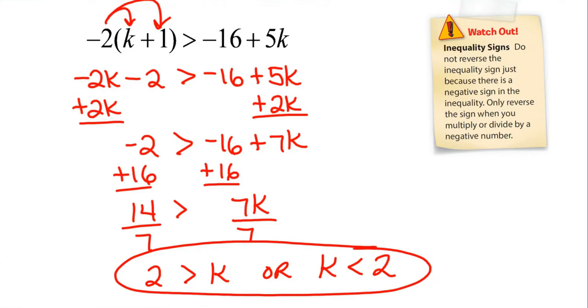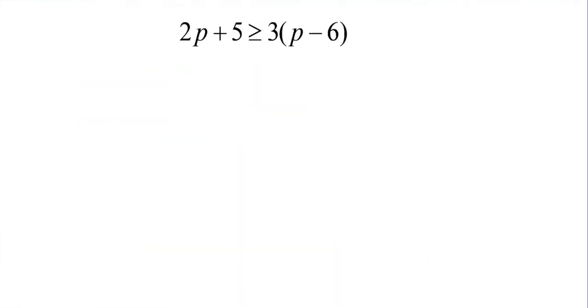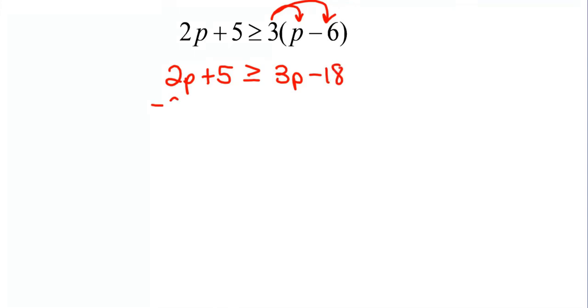Solving that one, so there we saw an inequality that had variables on both sides. And then here we've got an inequality that's got variables on both sides and parentheses involved. So I am going to, again, get rid of the parentheses using the distributive property. 2p plus 5 is greater than or equal to 3p minus 18. And I'm going to pick on the little guy, which is my 2p's. I'm going to subtract that from both sides of my inequality.